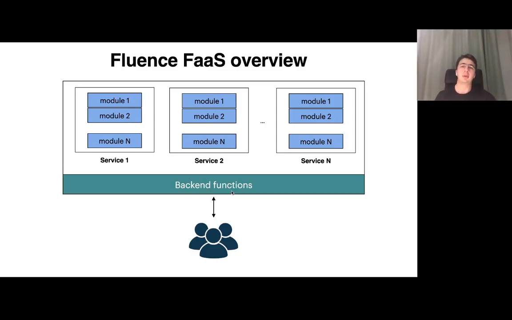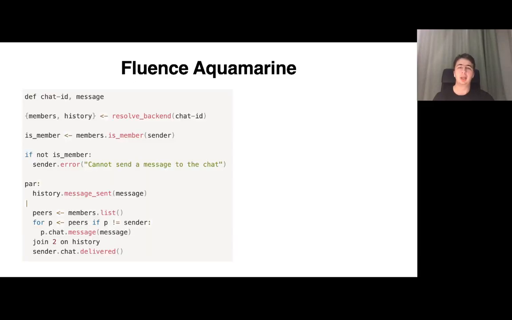It's important to know that each service here could be located on a separate node, a separate peer in the Fluence network. And from the user's point of view, these backends could be seen like an API. This function could be seen like an API of this backend. So like a general function as a service.